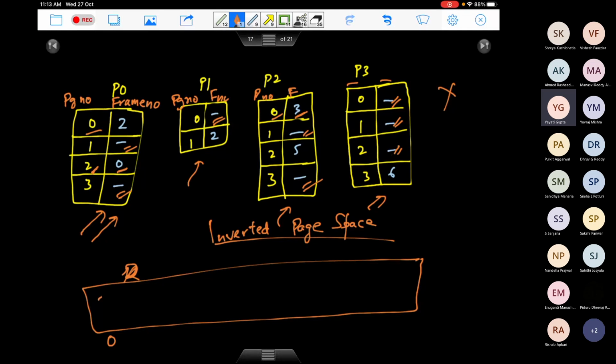You need to have that virtual address, which is 2, but you also need to store which process it is. So 2 of process P0. Similarly, physical memory address 1, where is it mapped? Nowhere, right? Physical memory address 2, where is it mapped? Corresponding page number and corresponding process number, and so on and so forth.